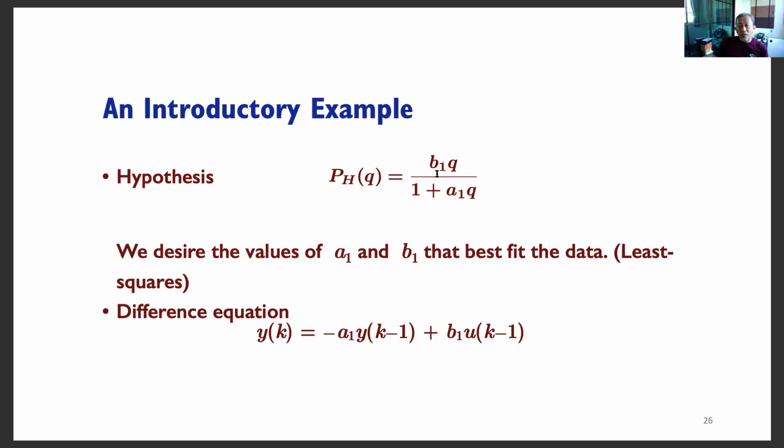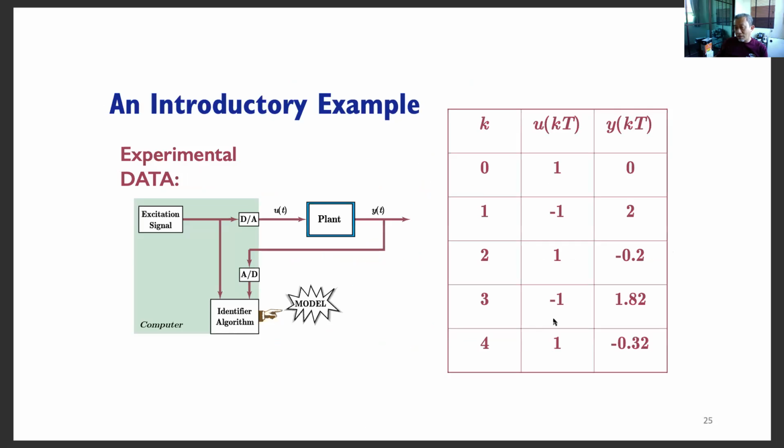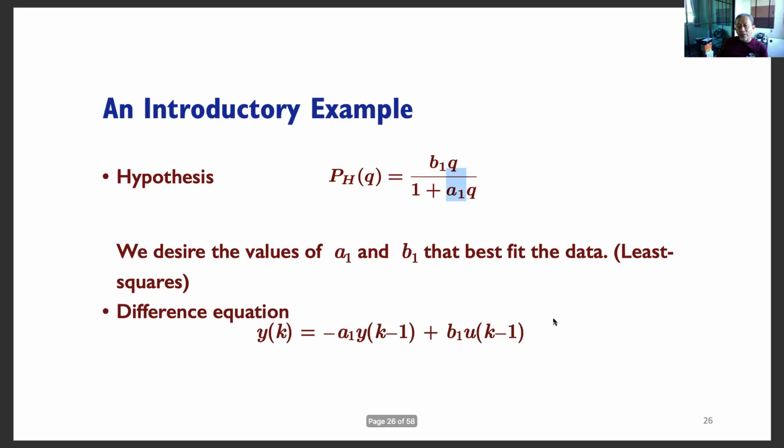Our target is to find the B1 and A1 parameters that fit the data. Based on the data here, the model must fit the data as shown, the length of 5 data, using least square. So using a difference equation, yk is equal to minus A1 yk minus 1 plus B1 uk minus 1.